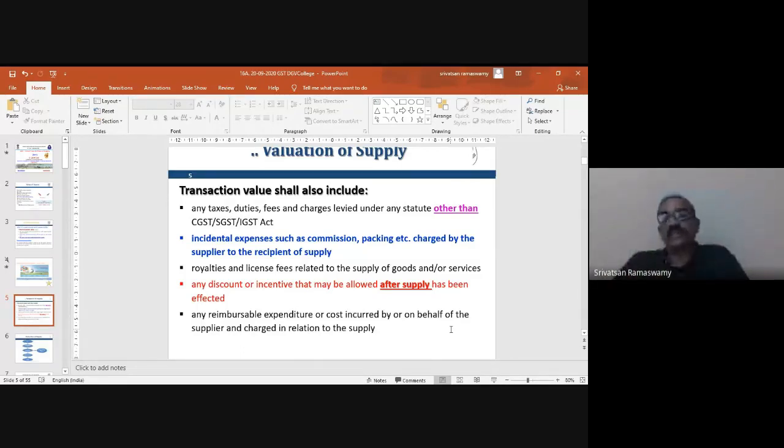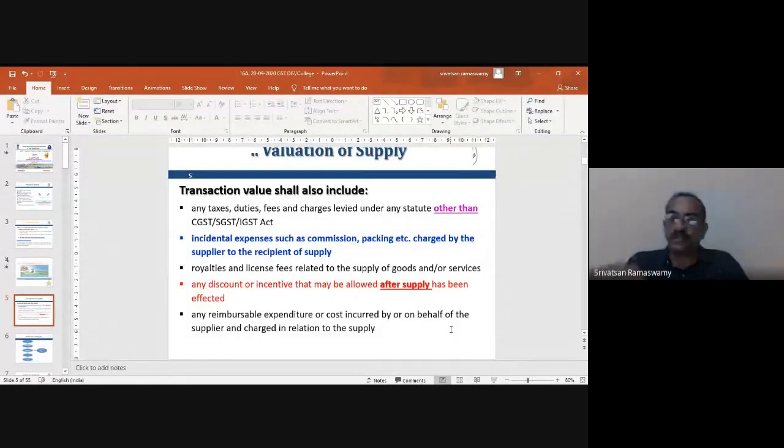I will now explain this with an example. Again, I am supplying a particular commodity or goods for 1 lakh rupees, from A to B. A and B are not related persons, and price is the sole consideration for sale. So the transaction value generally is 1 lakh rupees. But I have already entered into a contract with my consumer saying that I will be extending him a discount of 10%.